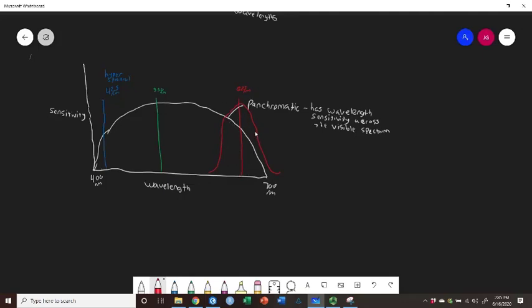It's still red, it's still in the red region, but it's pulling in a lot more wavelengths. So this would be broadband. Let's say it is sensitive to many wavelengths.